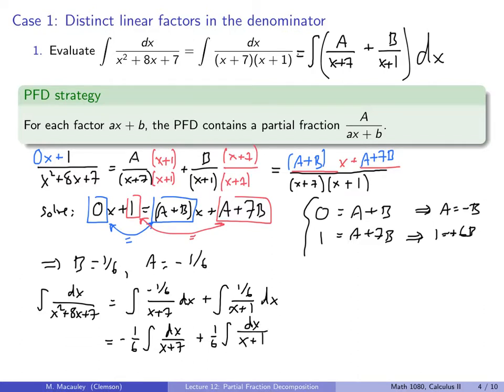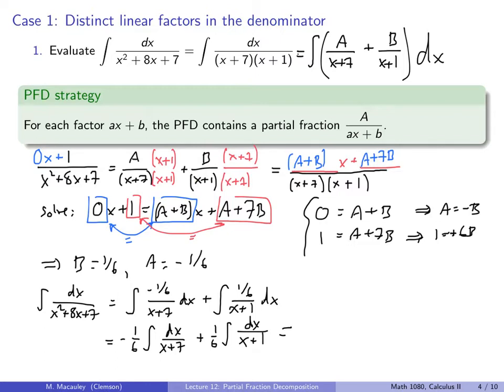And if I wanted to, I could do u substitution. Let u equal x plus 7, but we would just get du equals dx. And similarly, same thing here, let u equal x plus 1, and we would get du equals dx. Because the coefficient of x is 1, we don't really have to do u substitution.